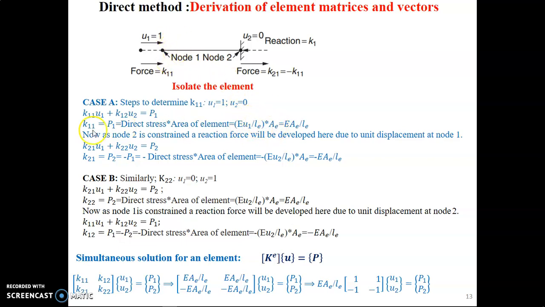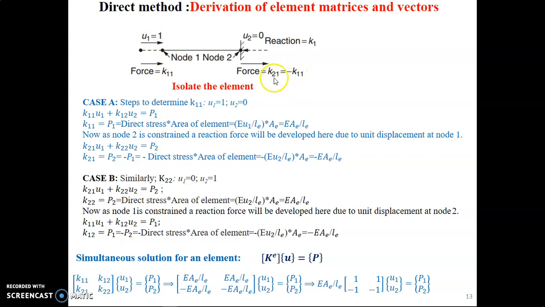We will be getting the value of K11 as EA divided by L. Now as node 2 is constant, a reaction force will be developing at the second node due to the unit deflection or displacement at node 1.